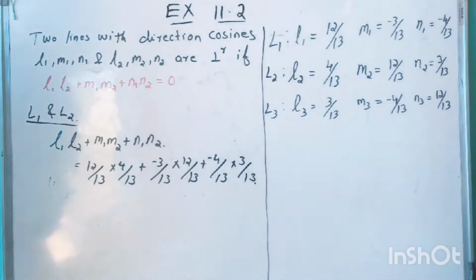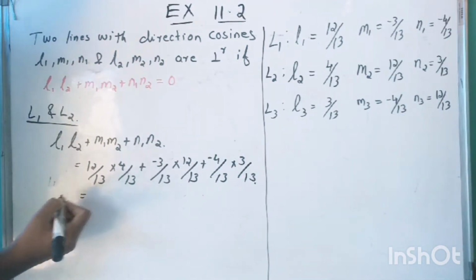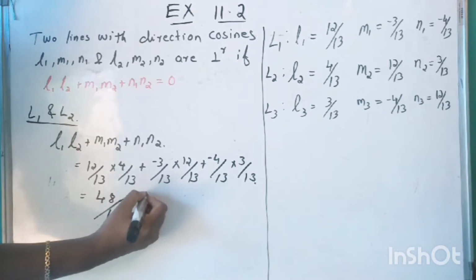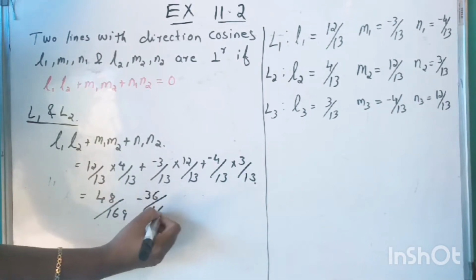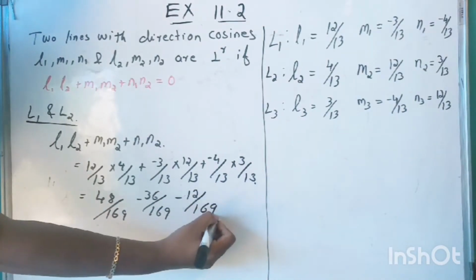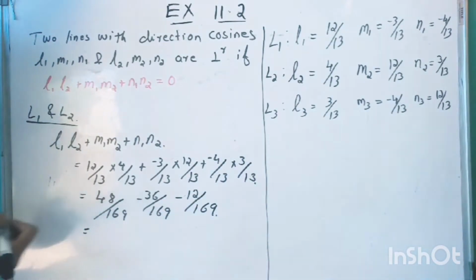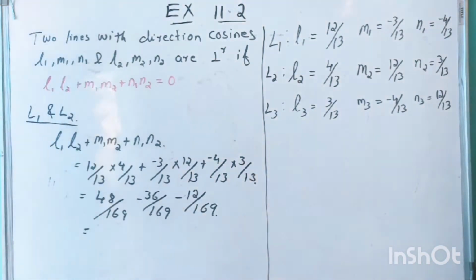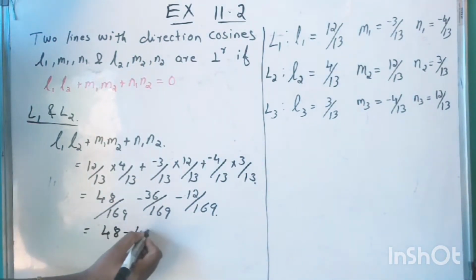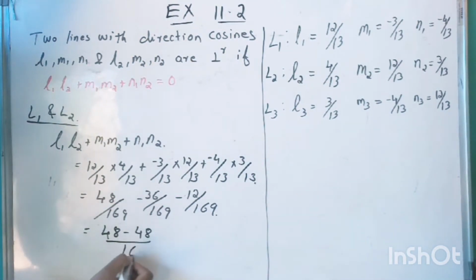This is equal to 48 divided by 169 minus 36 divided by 169 minus 12 divided by 169, and this is equal to 48 minus 48 divided by 169.